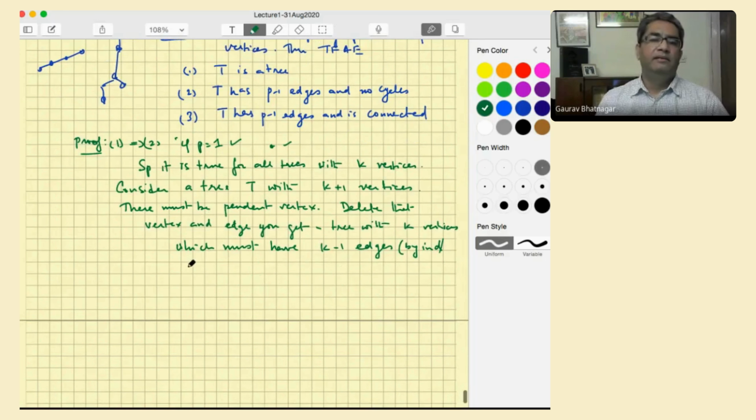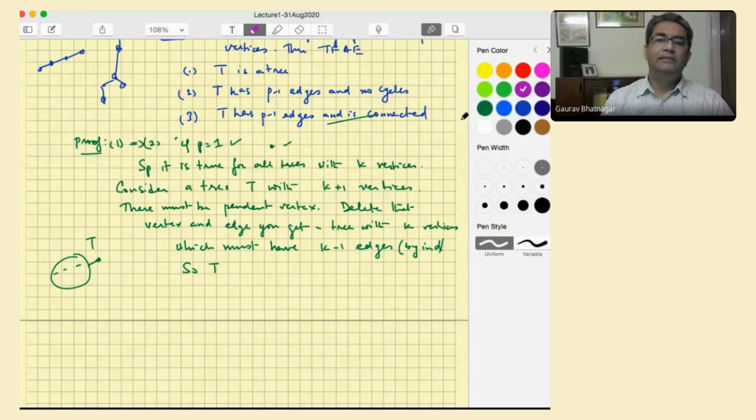So what does that mean? You've got some kind of tree here, and then you have one edge. This is your tree, and you deleted this guy and this guy. So where does this leave you? This chap has got k minus 1 edges.